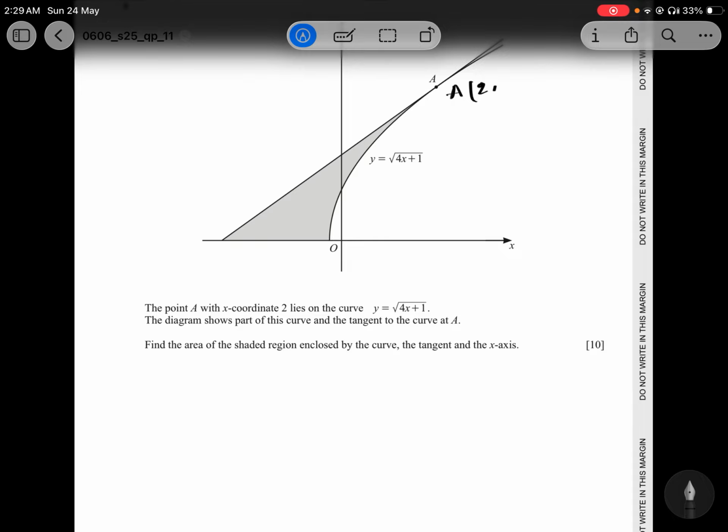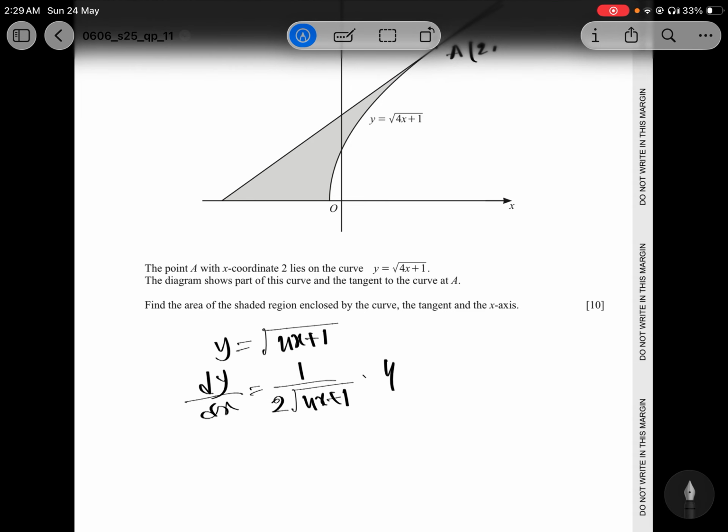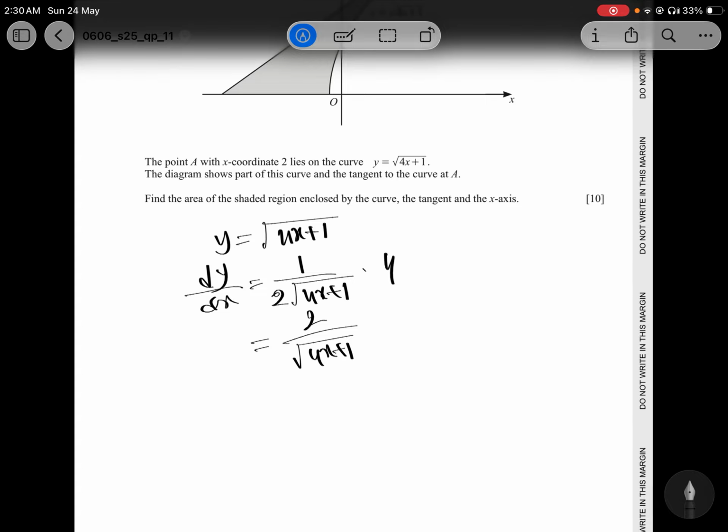At first I'll find out the equation of tangent at A. So y is given as square root of 4x plus 1. dy/dx is like 1 by 2 root over 4x plus 1 times 4. Okay, that means 2 over root 4x plus 1. So I need to find out the value of m at A where x is 2.